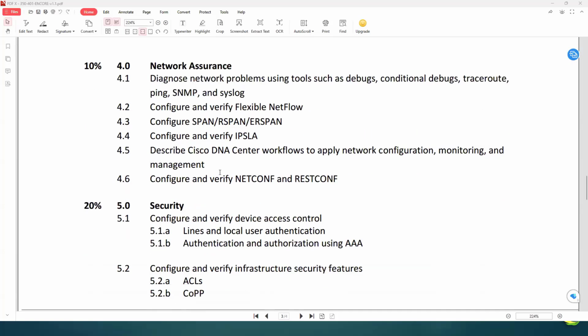Automation and programmability is also a big part of the CCNP ENCOR exam, and we are definitely going to cover the logic and details of different data formats and transport protocols like NETCONF and RESTCONF. What is the difference between these two? Which tools can we use to actually send instructions to the routers and switches? That is something we'll see as well.